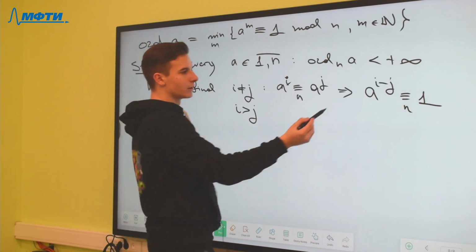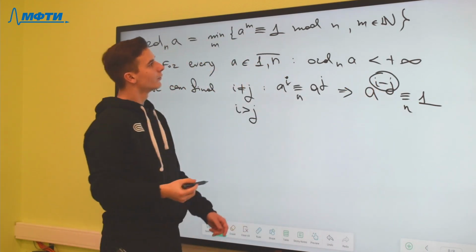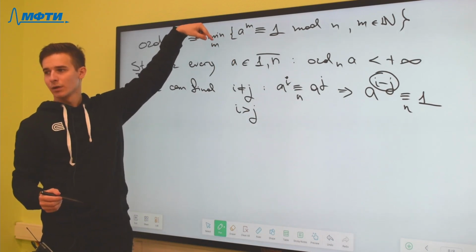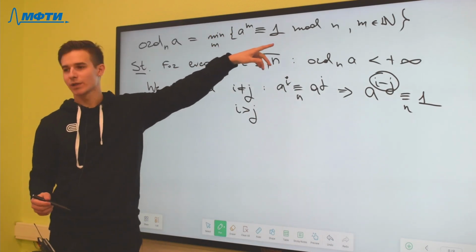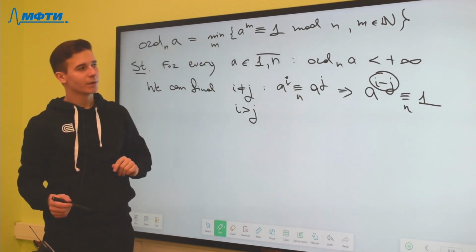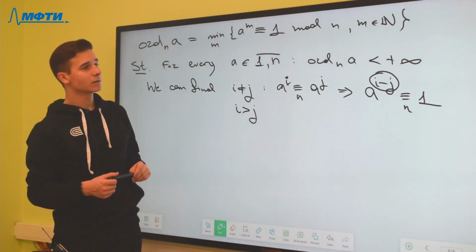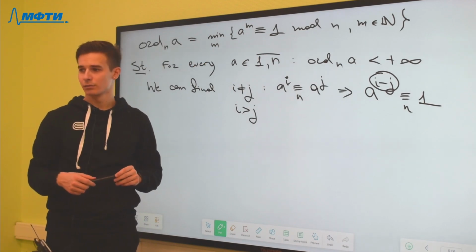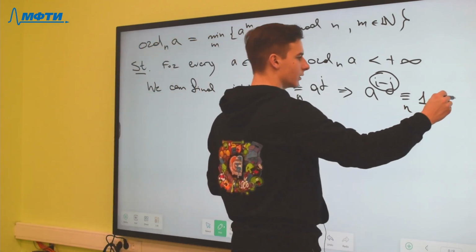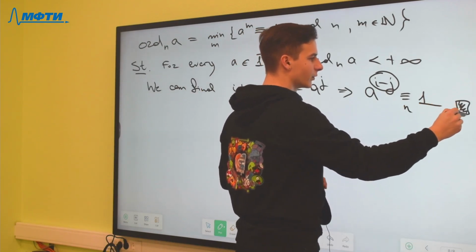So it is one of such integer numbers, and so this set is not empty, and the minimum is less than plus infinity. Is it understandable? Okay, so it is the end of the proof.